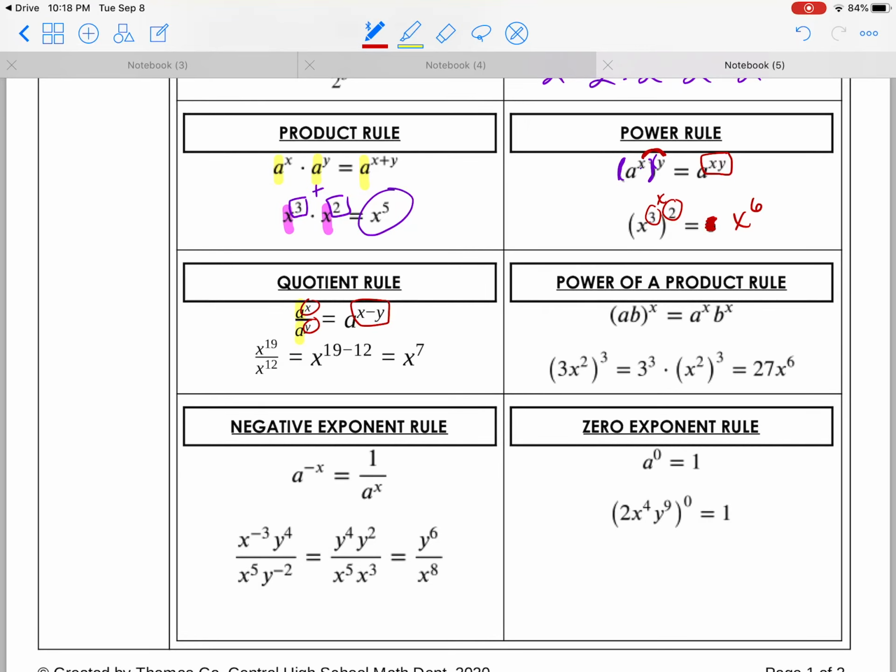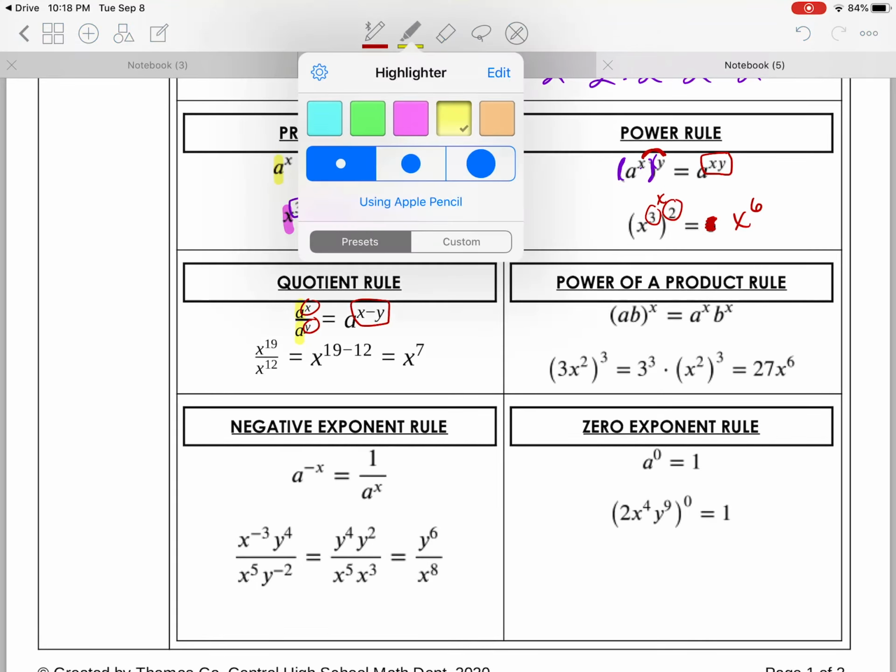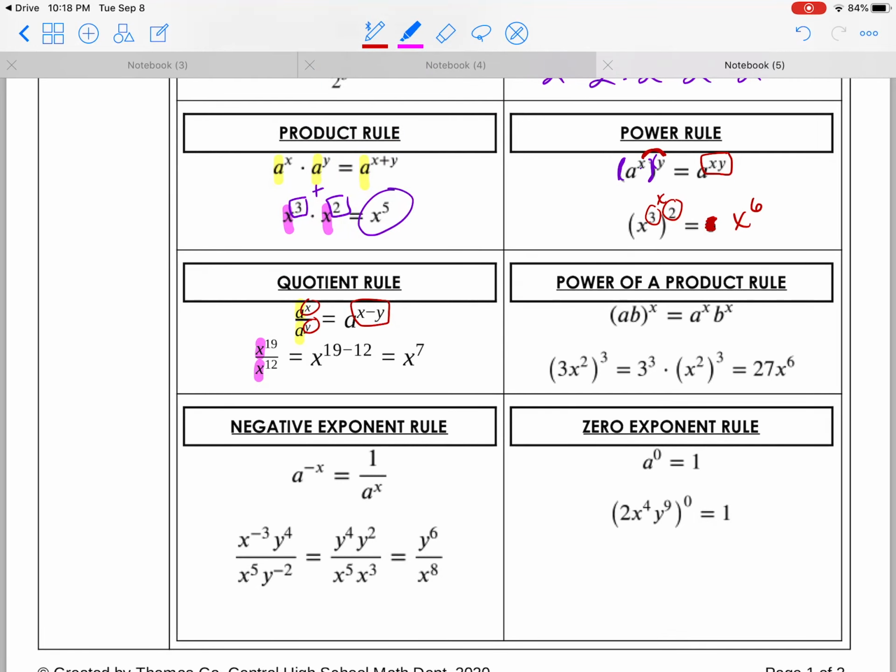So x to the 19th divided by x to the 12th. Again here, I do have to check. My bases are the same. They are both x, so that's going to stay in my answer. And then I'm going to subtract these exponents. 19 minus 12 gives me x to the 7th power.